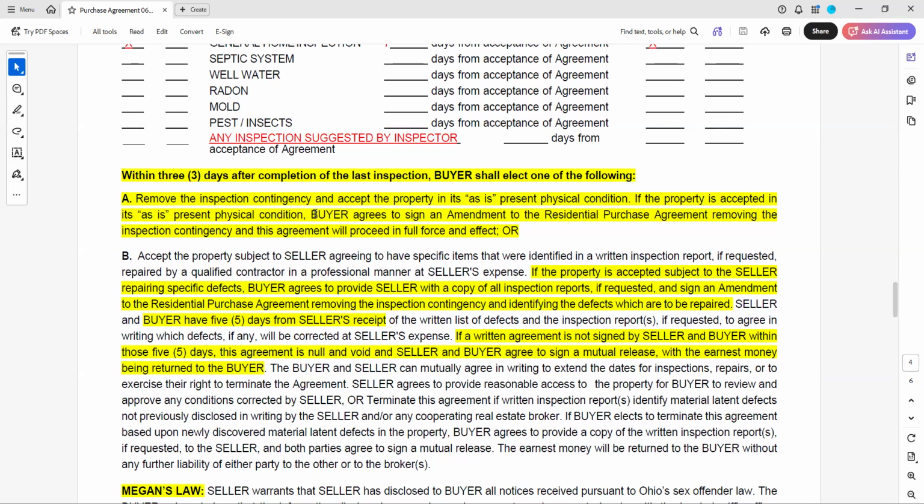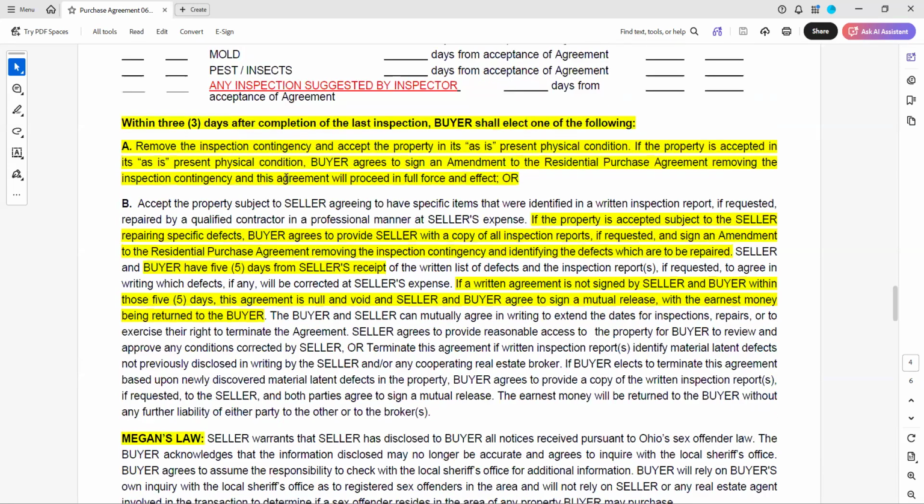So asking for a request to remedy. If you are asking for a request to remedy, you're asking for the contract to be changed. So all parties have to agree to those requests.